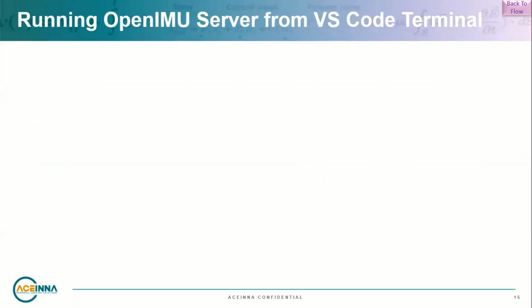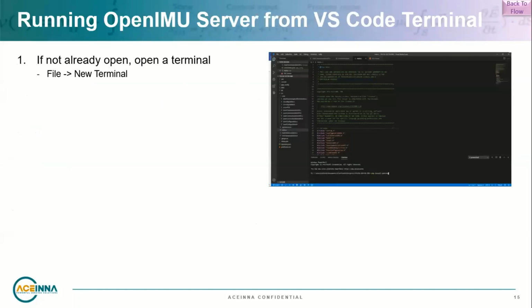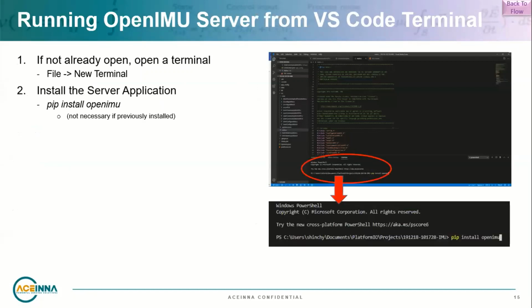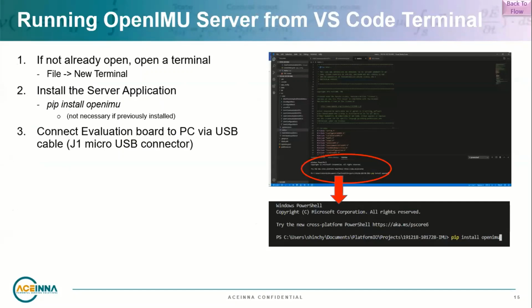The second way is running the OpenIMU server from the Visual Studio Code terminal. Open Visual Studio Code, open the terminal, and install the server application if it is not installed previously. The command is pip install openimu.